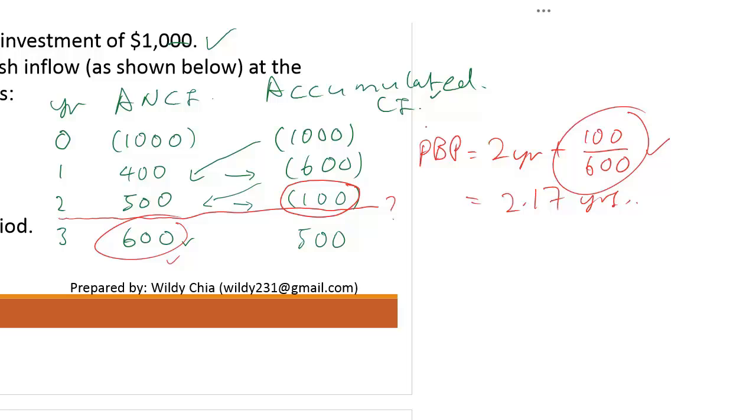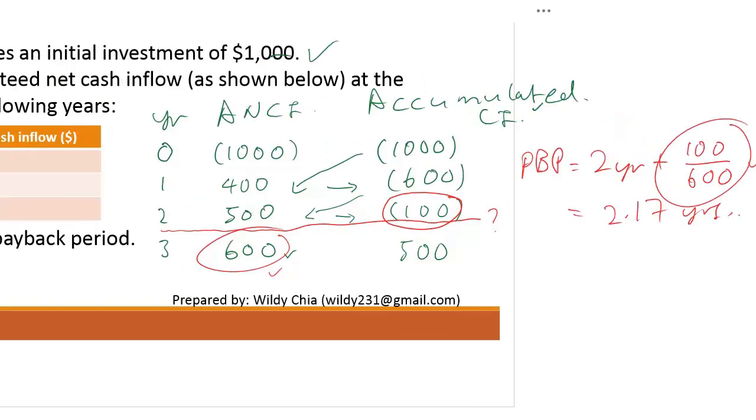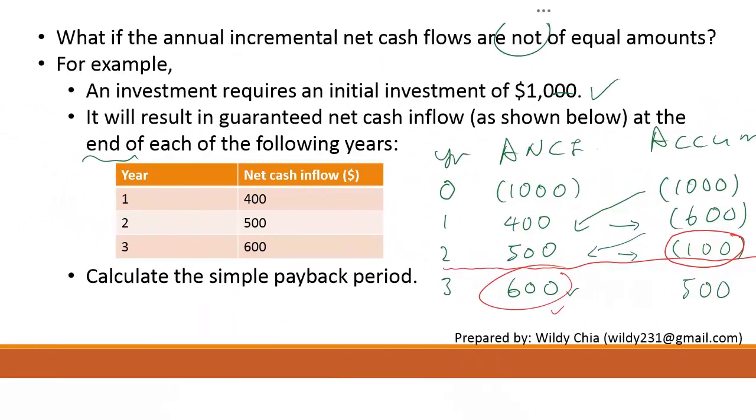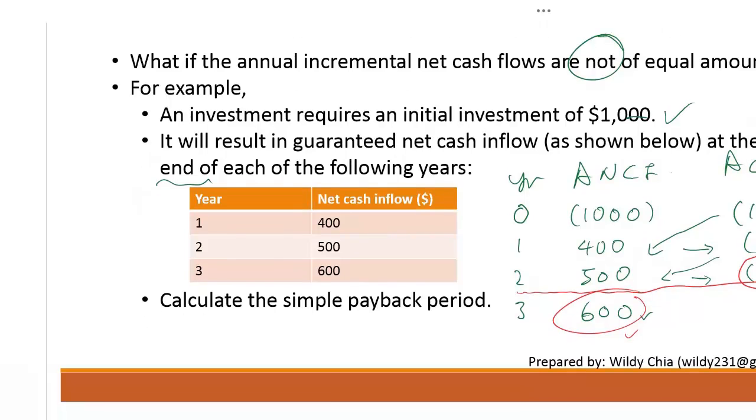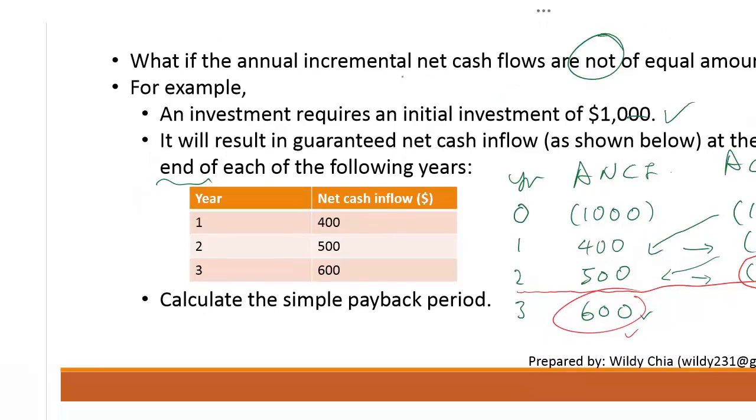But it fails to consider that cash flows may not happen constantly over the year. It could happen in one lump sum at the end of the year, or a lump sum at the beginning of the year. So beware. And to add on to this, it's over each of the following years. Be aware of that.